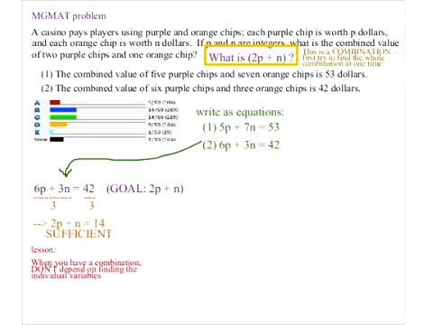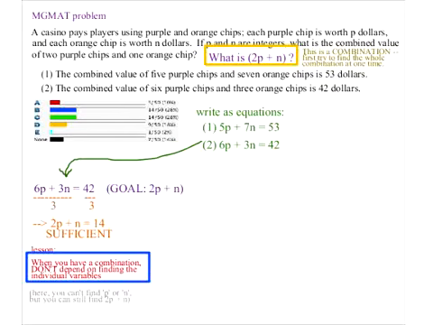Because in a lot of cases, you just won't be able to find them. For instance, here you can't find p and you can't find n. But you can still find the combination that you want. You can still find 2p plus n. Okay, smiley face, if that statement makes sense, it's sufficient.